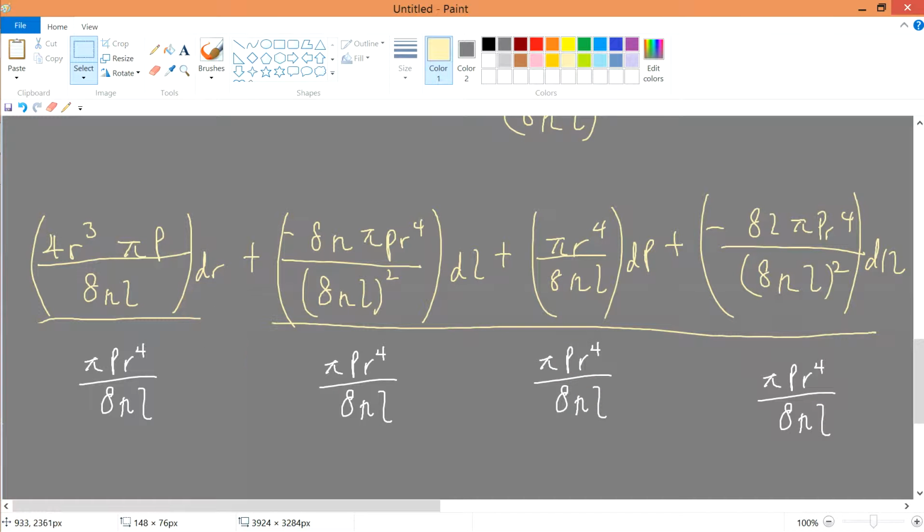If you want it to look neater, then this is the one. Okay, and therefore we have this form. In other words, this form is also dv over v, the changes in v divided by the initial values of v.